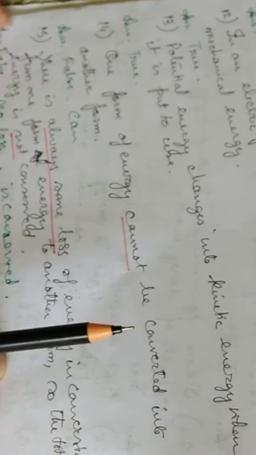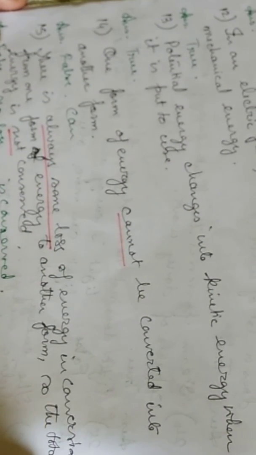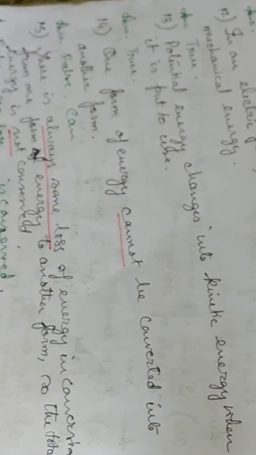One form of energy cannot be converted into another form. No, one form of energy can be converted into another form. There is always some loss of energy in conversion from one form of energy to another form, so the total energy is not conserved. That is false. In this statement, friction is not mentioned. If there is friction, then there is loss of energy, that is dissipation of energy.